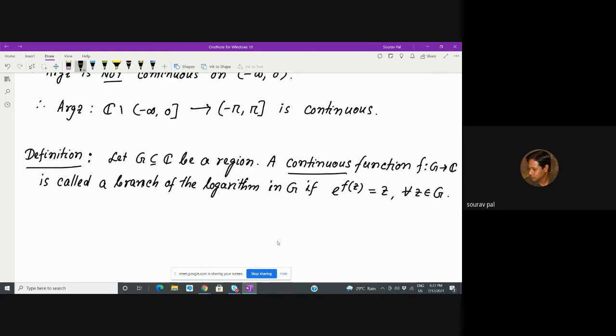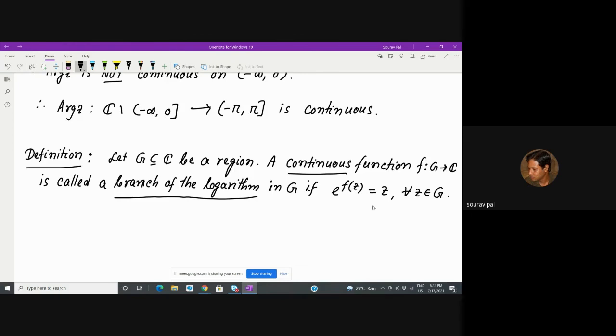You have a region, you have a continuous function defined on that region, and this is called a branch of the logarithm if this equation is satisfied: e to the f(z) is equal to z. This is a composition of two functions, right? e to the z and f(z) both.